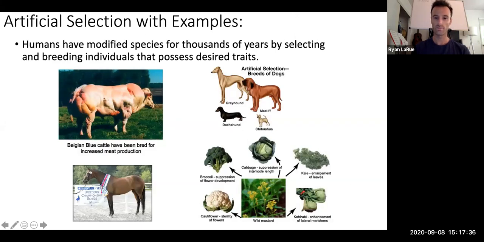And so you breed thousands and thousands of wild mustard plants, and all of a sudden, you get a mutation that suppresses the flower development and it looks like broccoli, or sterility of the flowers and you get cauliflower. Enlargement of leaves, it's kale.